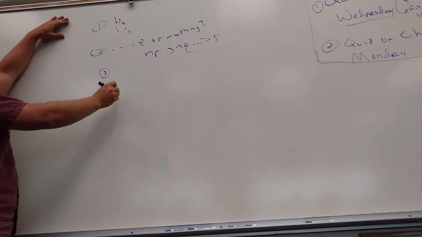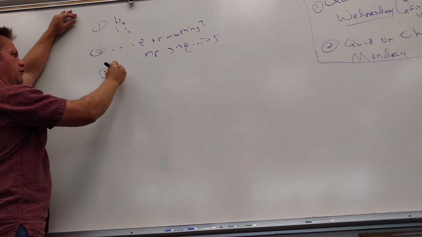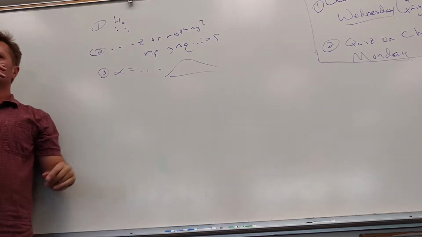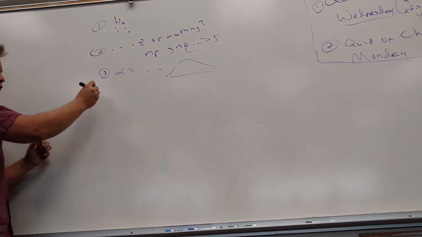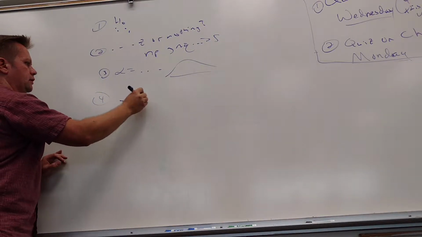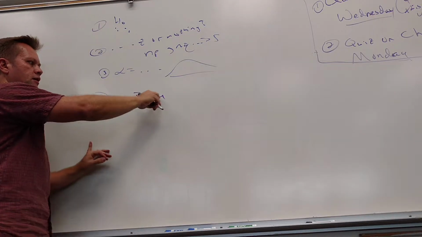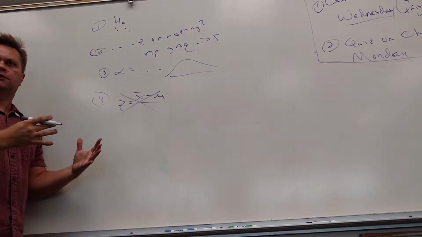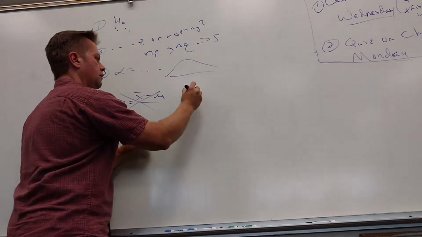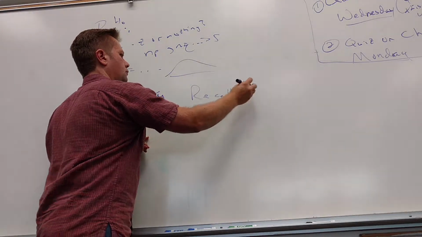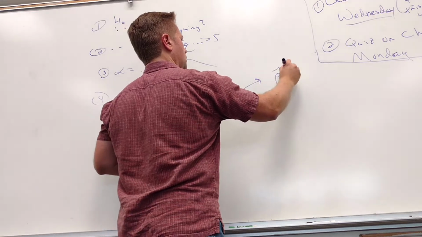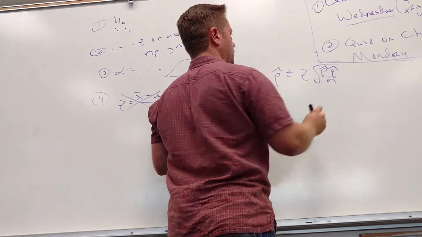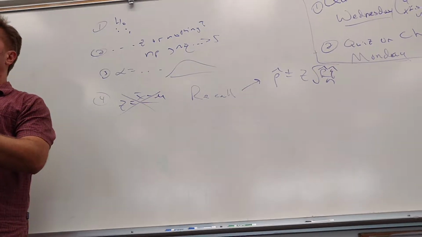Step 3 is the same as always. I'm going to tell you some alpha, and then you set up a rejection region, like always. Step 4 is where things change, because I can't use this formula now. I don't have any means. I have percentages. And if you recall this, which part of this was acting like the standard deviation?